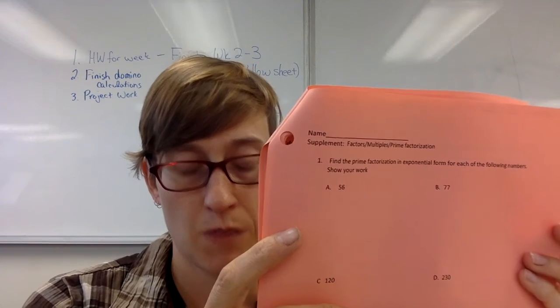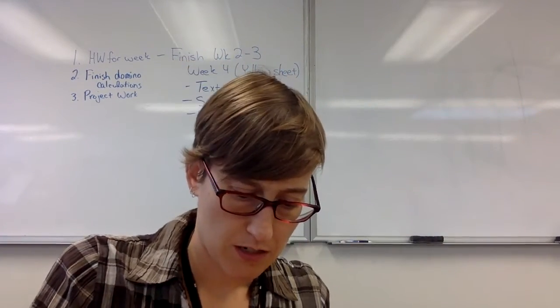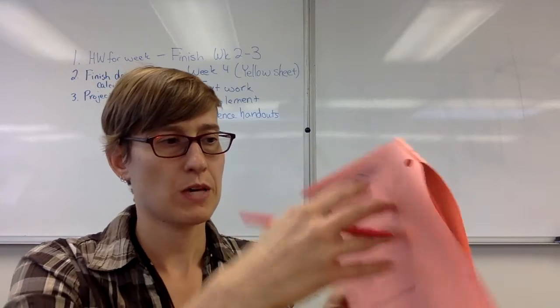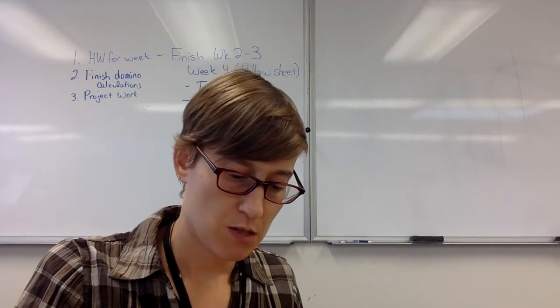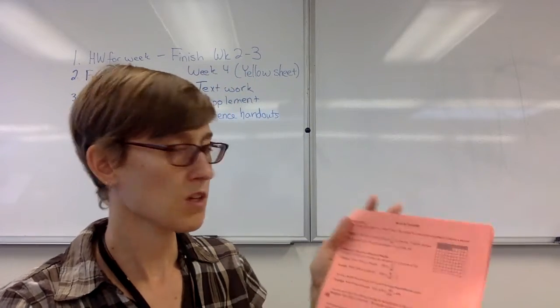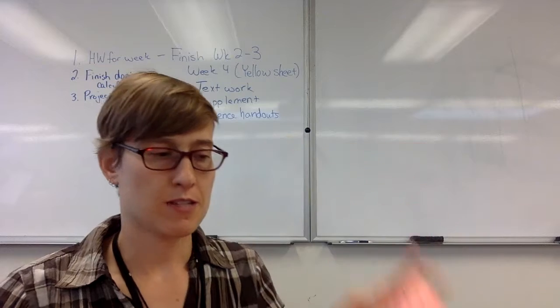This is the first one for the week, so I'm going to mark it week 4. That way we can remember it's due this week. If I turn the page, the back side of that is the remainder of that packet, so please mark that week 4.